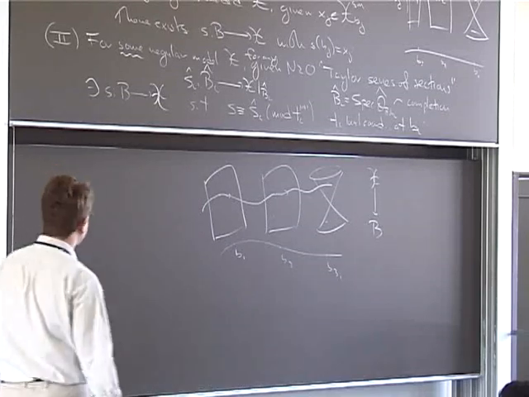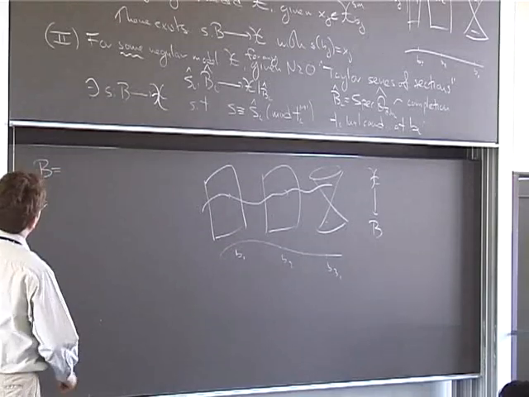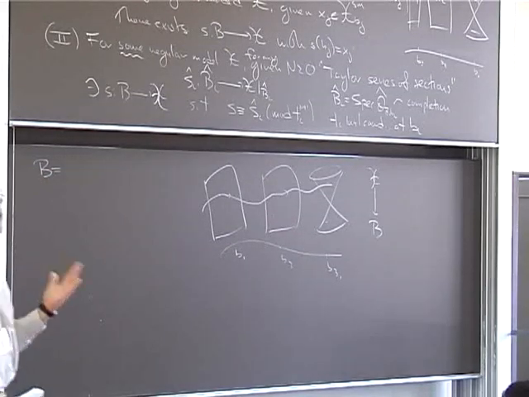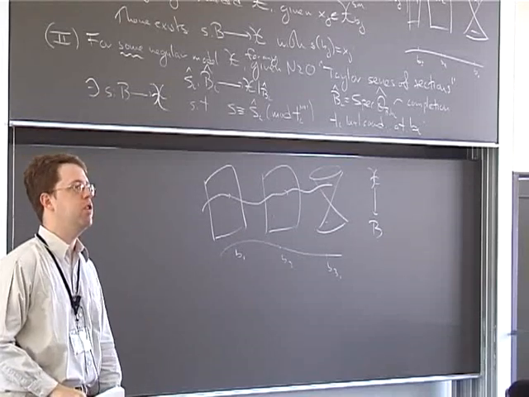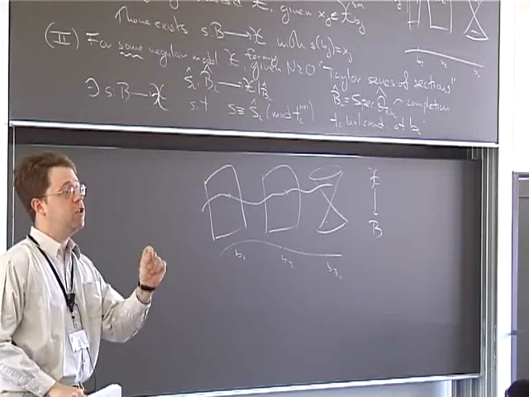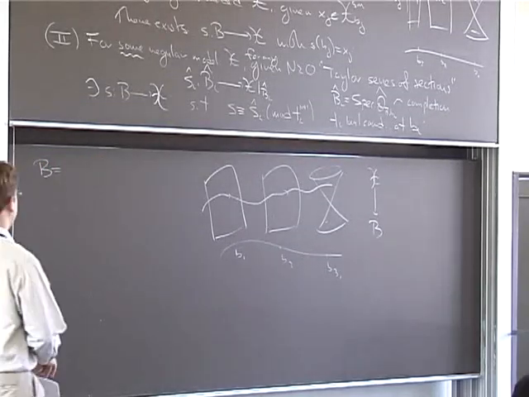So let me just emphasize that really all I'm using here is that B is smooth of dimension 1. I'm using the fact that each of the points downstairs has a local ring that's a discrete valuation ring.